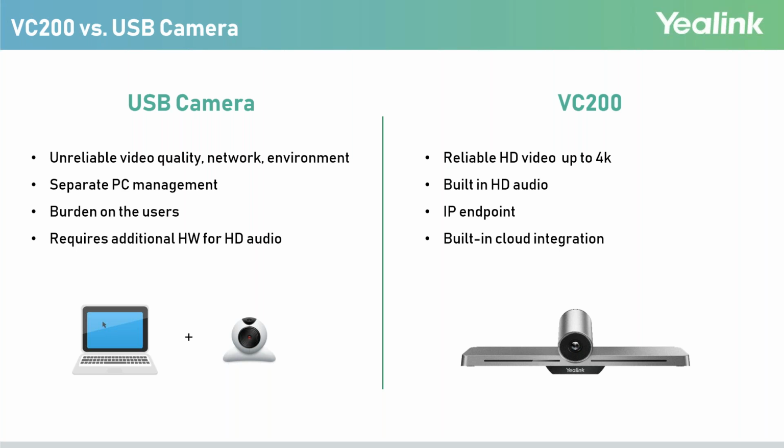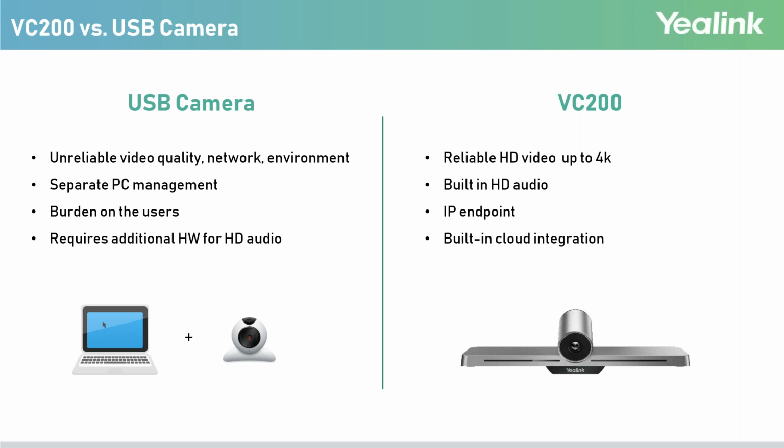With the VC200, as we'll see, there's built-in cloud integration components as well, so that if we do have users that use Zoom, that use a Cisco environment, that use Easymeeting, BlueJeans, there are pre-built integration components within the web interface, as well as the software of the VC200 that makes integration to these types of environments very seamless and very easy, not only for the user, but for the integrator.